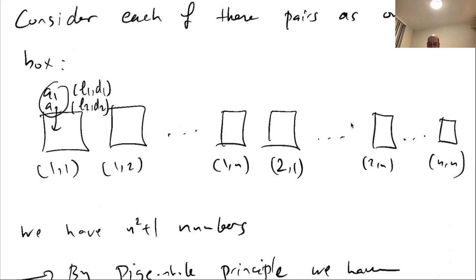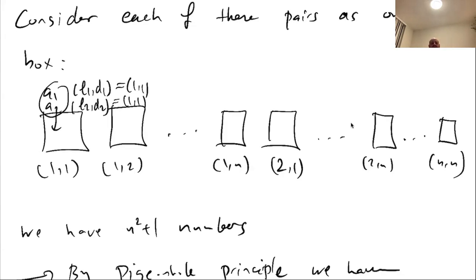Remember, for each number a_i, I was considering a pair of the form (l_i, d_i). So (l_1, d_1) is equal to (1,1), and (l_2, d_2) is also (1,1). So if one box contains two of these pairs, that means at least two of these pairs are equal to each other.